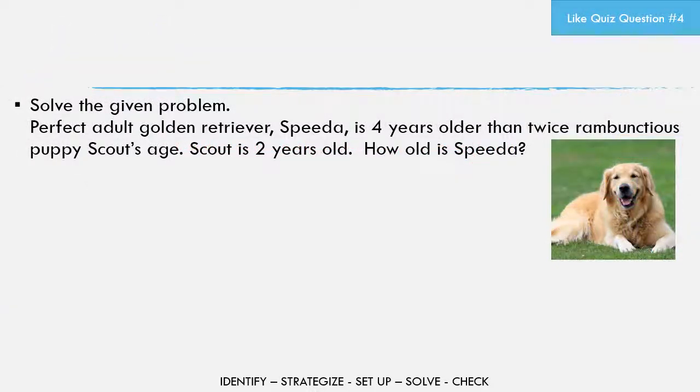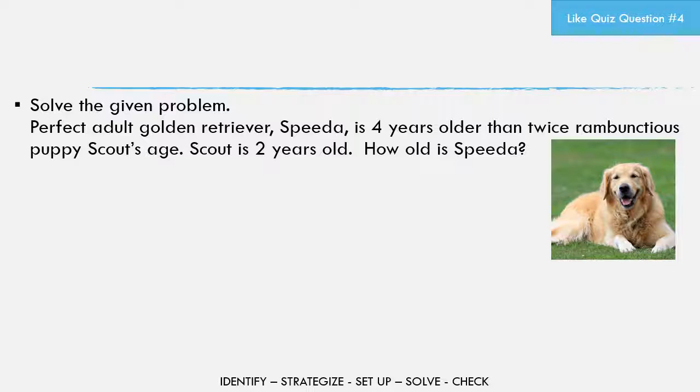All right, number 4. We need to solve the given problem. Perfect adult golden retriever Speeda is 4 years older than twice rambunctious puppy Scout's age. Scout is 2 years old. How old is Speeda? What we want to do here is first assign a variable for Speeda and Scout.